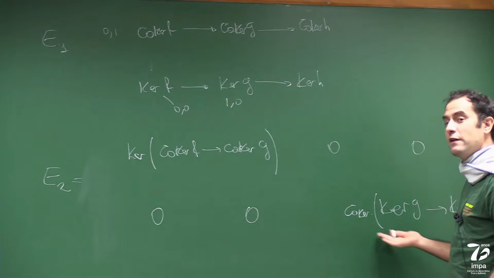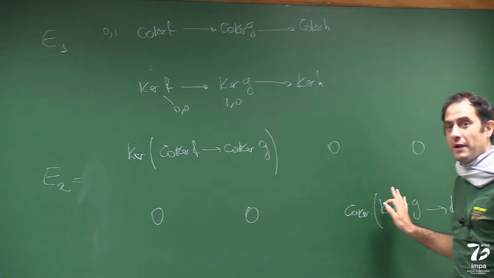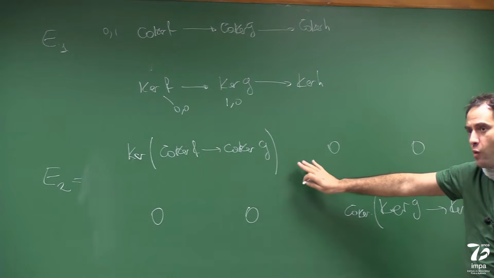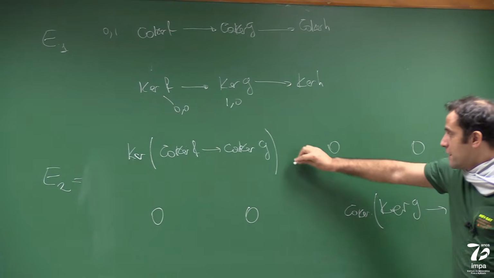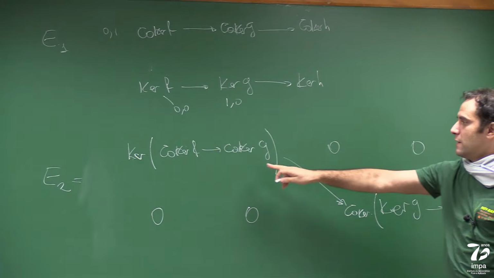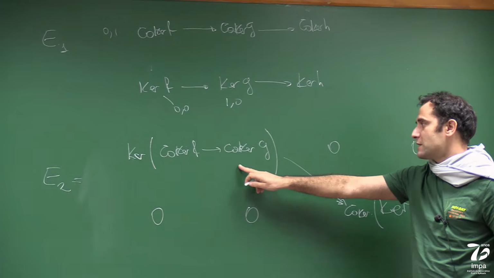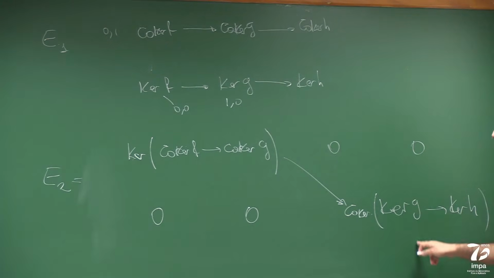And notice that it's irrelevant what we put here and here, because in this E2 page, the only non-trivial differential that I can have is this one. Right? Because in this degree 2 page of a spectral sequence, my differential goes 2 in this direction and 1 in this direction.